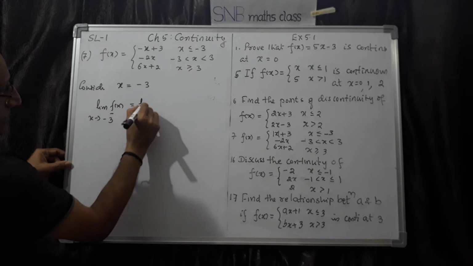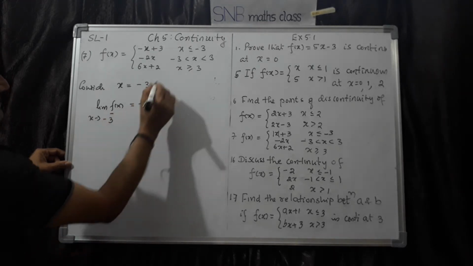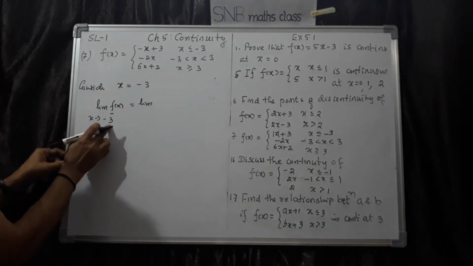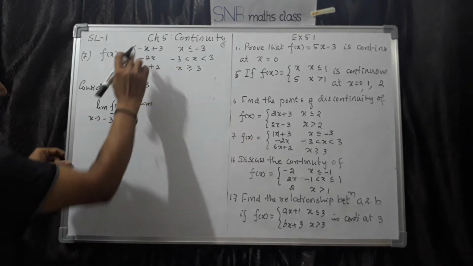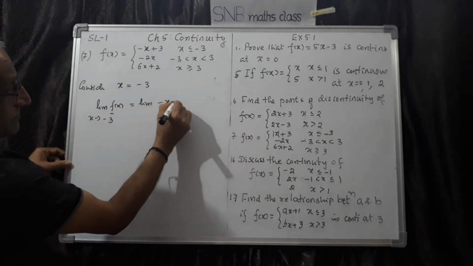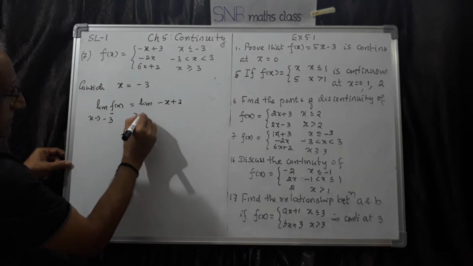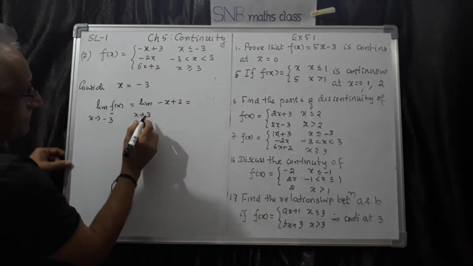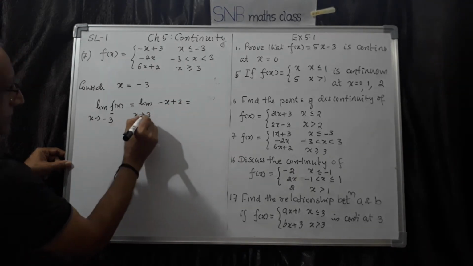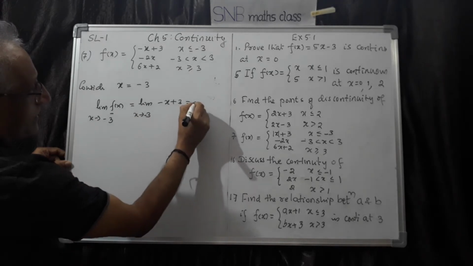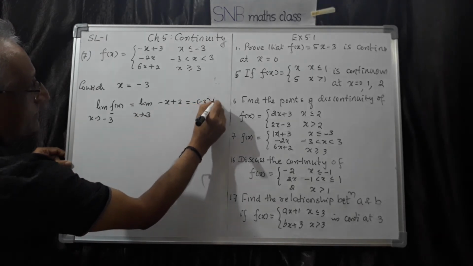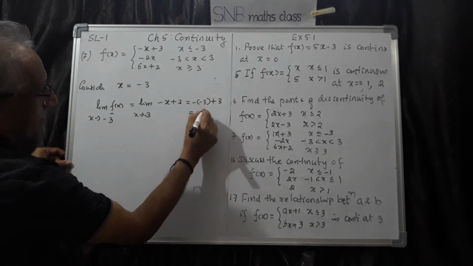Minus 3 minus means less than minus 3, where the function is minus x plus 3 as x tends to minus 3. So it is minus of minus 3 plus 3, so definitely it is 6.